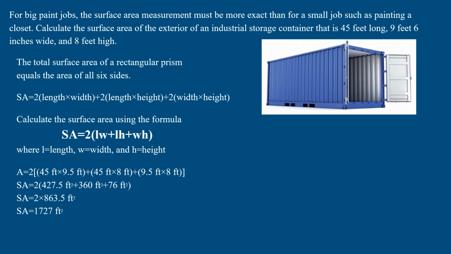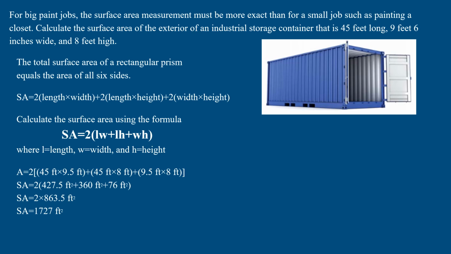So we have the length, which is 45, the width, which is 9.5, and the height in our question is 8. If we fill all those values into our equation, we get 2 times 45 times 9.5, so that's the length and the width, plus the length times height, which is 45 times 8, plus the width times the height, which is 9.5 times 8.